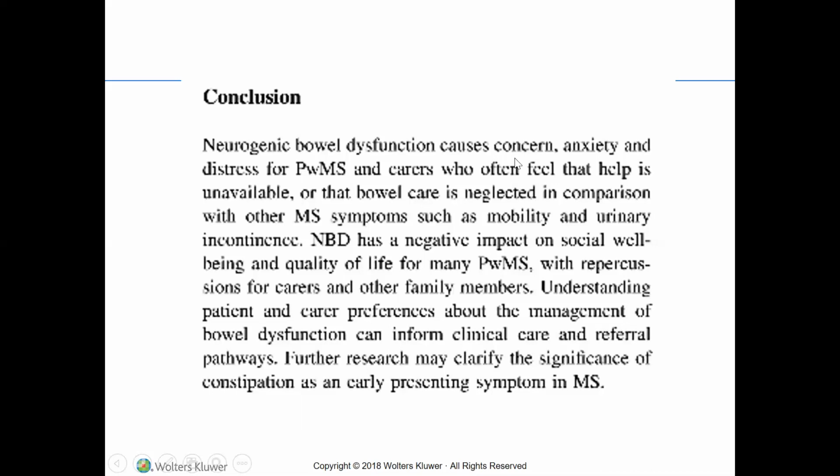In this case, they looked at concern, anxiety, and distress for the people that are having this bowel issue who live with MS symptoms, and they also may have mobility and urinary incontinence. So this condition has a negative impact on, and here's some outcomes: social well-being and quality of life for many with repercussions for carers and other family members. Now, this obviously is a conceptual outcome.